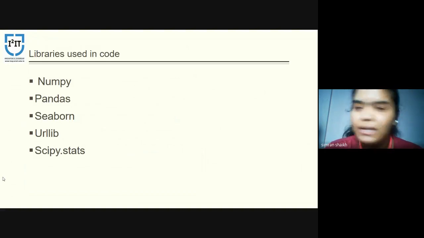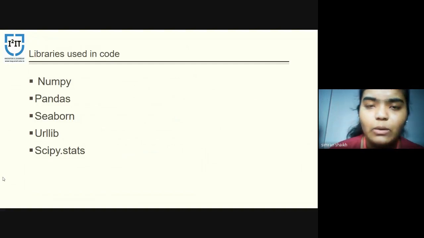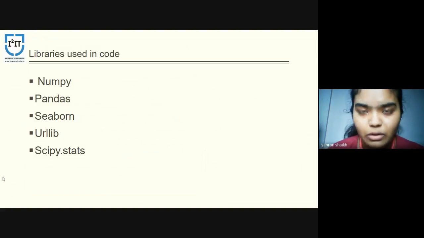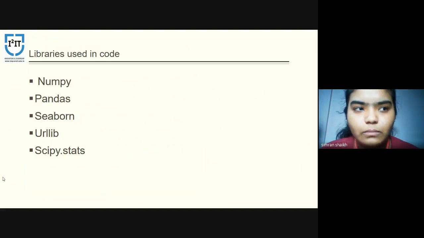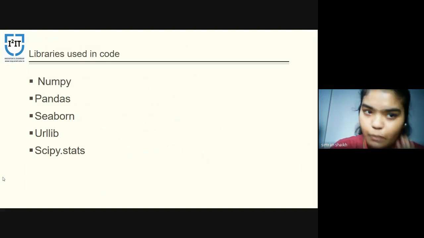NumPy is basically to deal with arrays, where fast mathematical functions are used. Pandas is for the collection of data, or the file reader. So Pandas can be used for that reason.